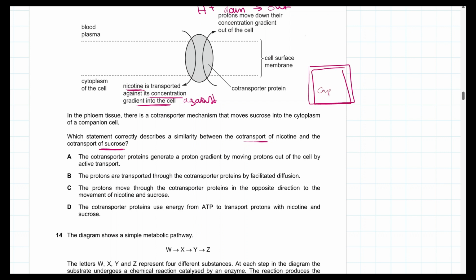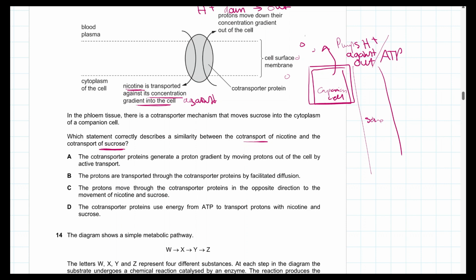Now, let's briefly outline the process of co-transport of sucrose into the phloem sieve tube elements. So here we have a companion cell, and here we have a phloem sieve tube element. Now, what happens is that sucrose is found outside the companion cell, produced by mesophyll cells. Now, a carrier protein actively pumps hydrogen ions out, against the concentration gradient, outside the cell, and this needs ATP.